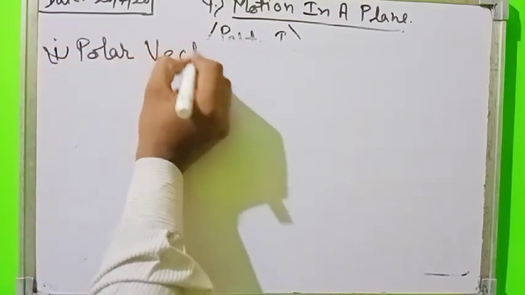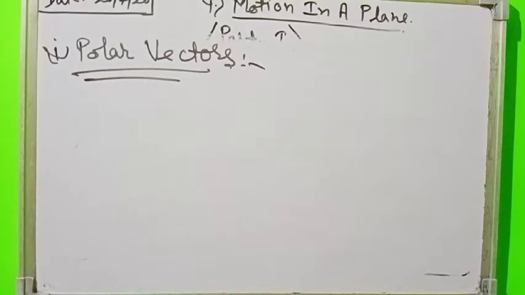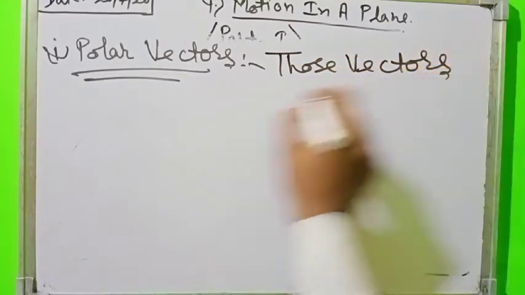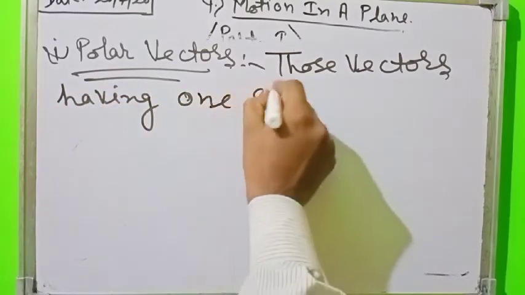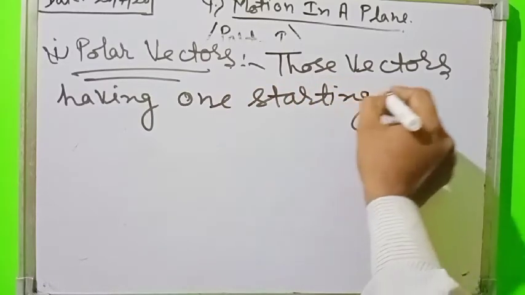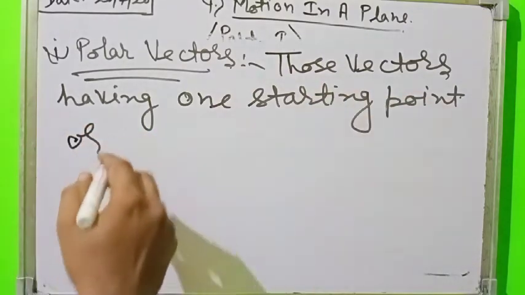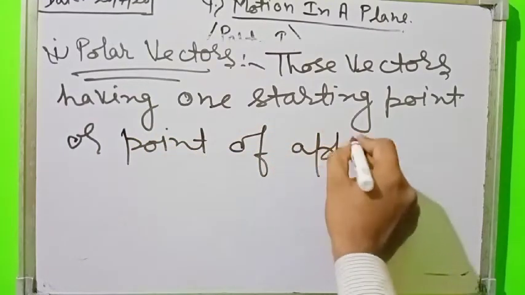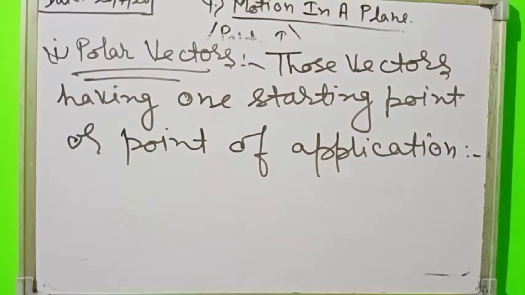Polar vectors means those vectors having one starting point, or you can say initial point, or point of application.